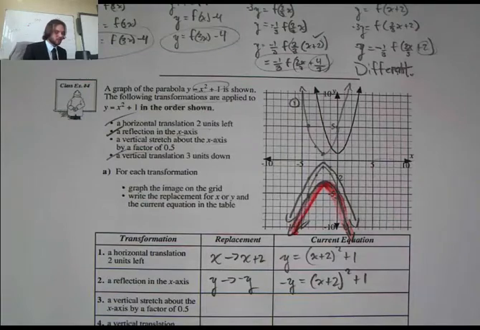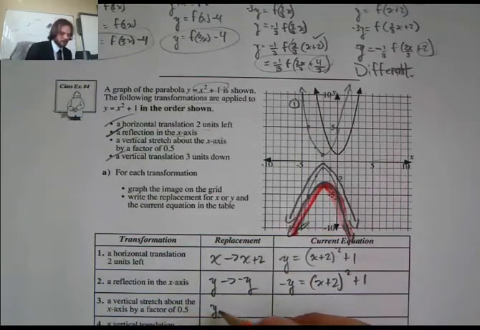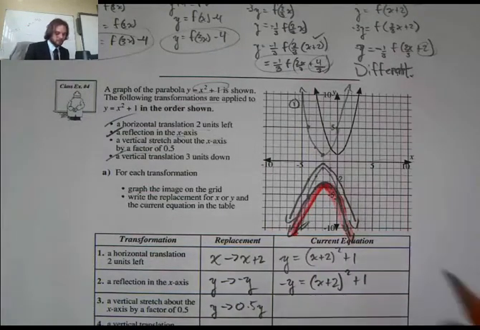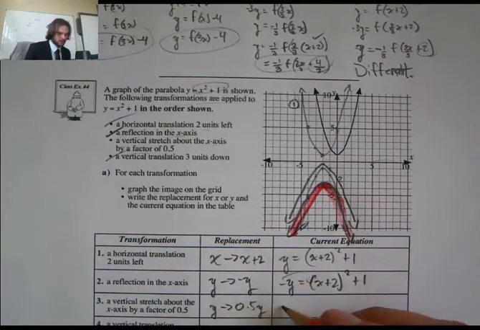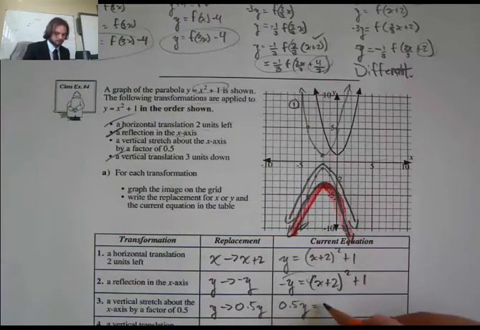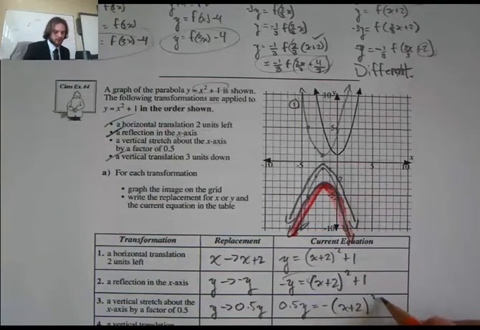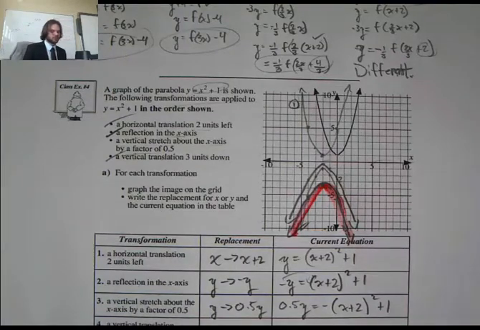Then it says a vertical stretch by 0.5. So y gets replaced with 0.5 y. So I'm going to move this negative there. So I get 0.5 y is equal to negative x plus 2 squared plus 1. Then the last one says a vertical translation of 3 units down. So y gets transformed to y plus 3. Okay?